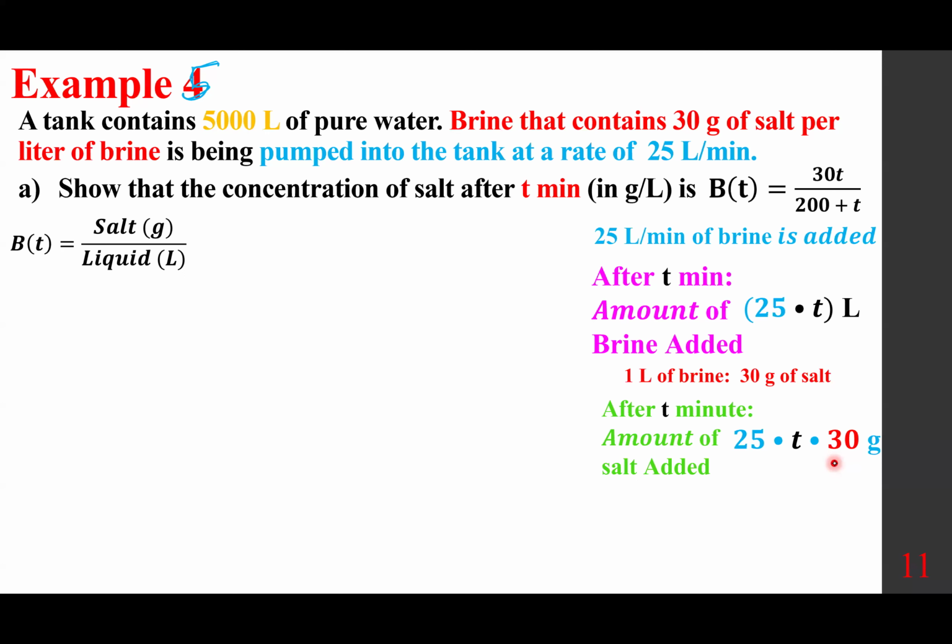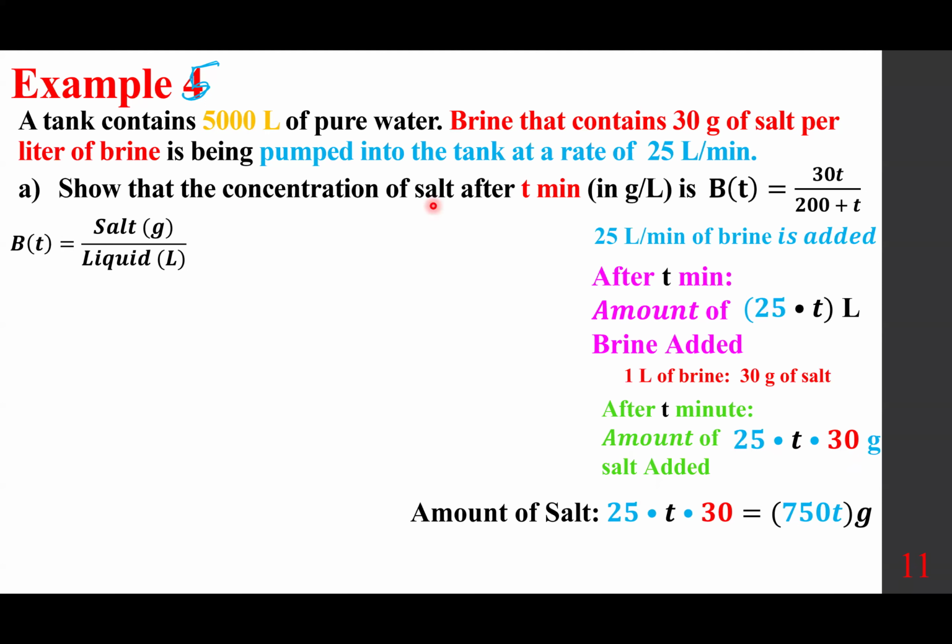So what is the amount of salt? 25 times t times 30. That means 750t grams. You're just multiplying these two numbers, and that is the numerator. What about the amount of liquid?